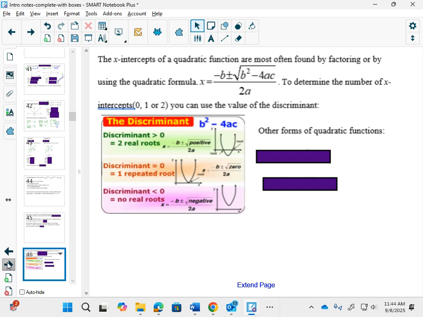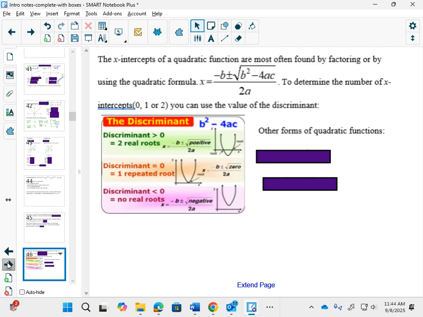And then the inside of the square root part is called the discriminant, the b squared minus 4ac. And the discriminant tells us if your parabola has two roots, if your parabola bounces off and has one root, or if your parabola never touches the x-axis and has no roots.